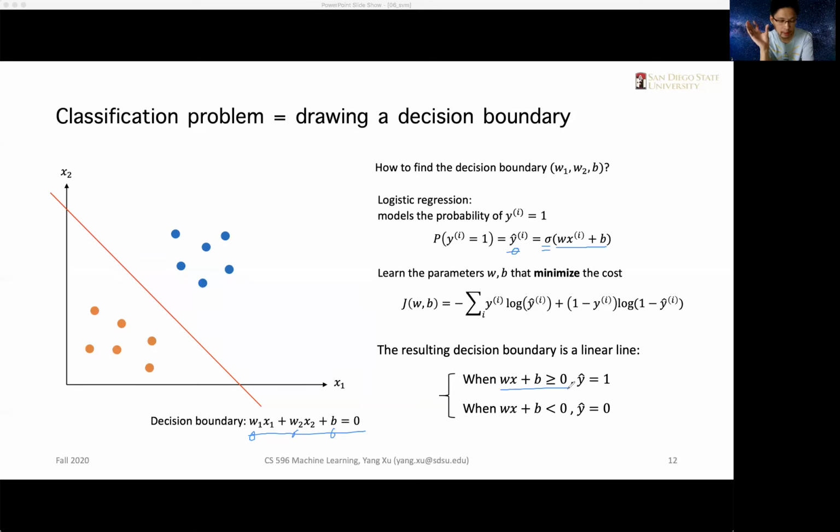In that case, we think this is a positive example. If the input to the sigmoid is negative, then its output is always less than 0.5, so we say the prediction is class 0. So logistic regression is just one way to come up with a decision boundary, right?